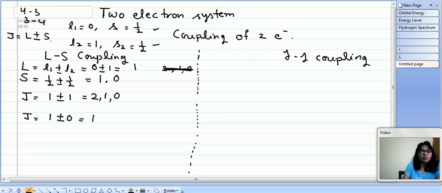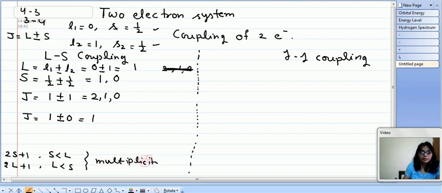If S is smaller, then the multiplicity or number of terms will be 2S plus 1. And it will be 2L plus 1 if L is less than S. So this will give the multiplicity. Multiplicity means number of terms.